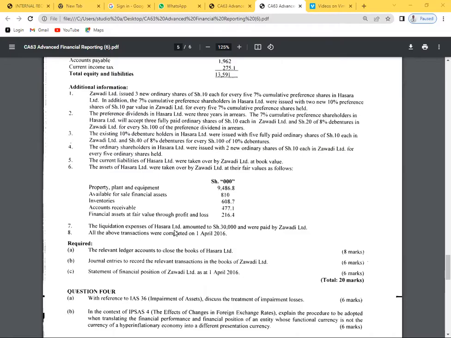So add the last one, liquidation cost, which is 30. Remember, our figures are in thousands, so you must chop those 3 zeros.